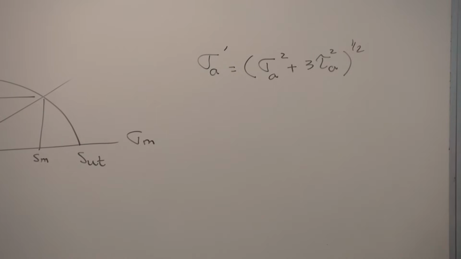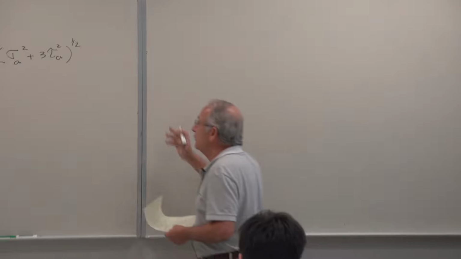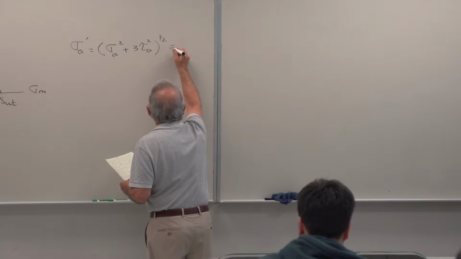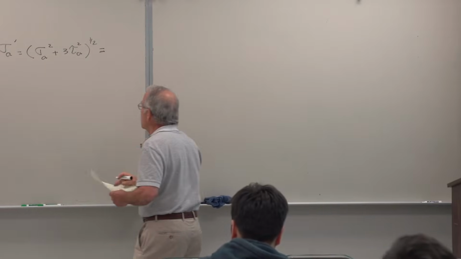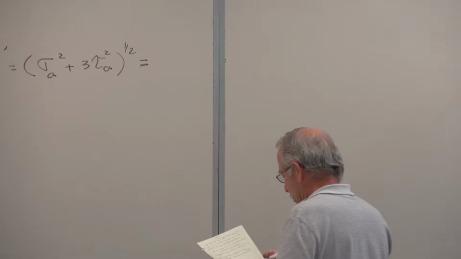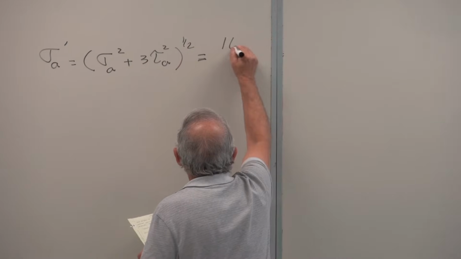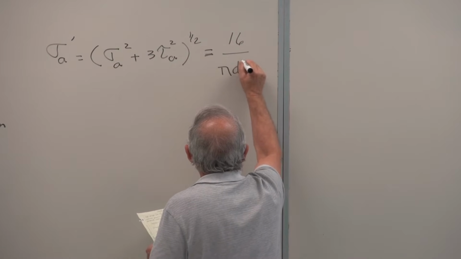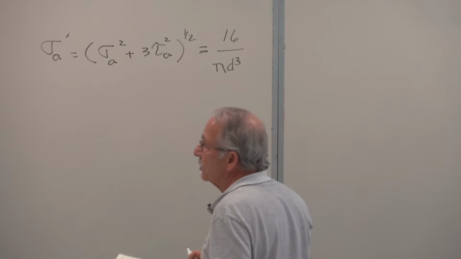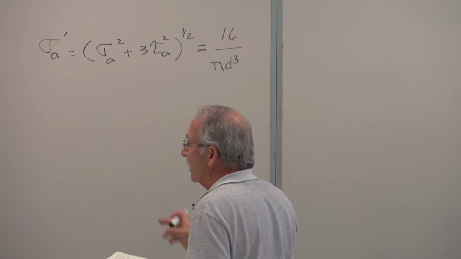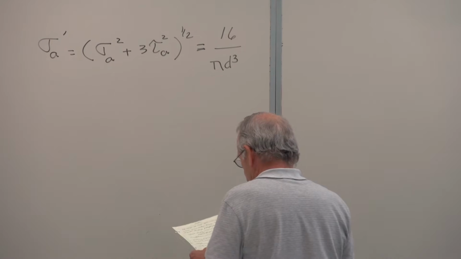And if we substitute for these values, we did this for static loading. We did this for combined fatigue, so this should be familiar. This is similar to the equation that I had on the board, 16 over pi d cubed, the one that I got those two from.